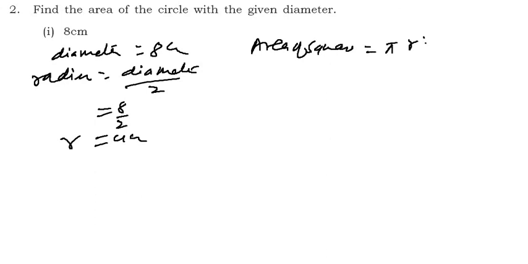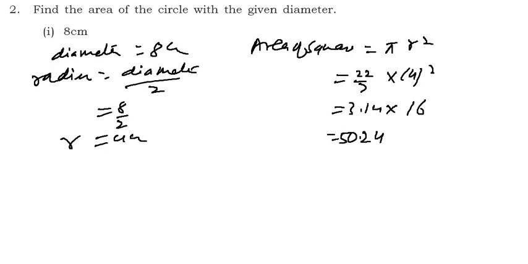It will be pi r square. So pi is 22/7 into r square, that is the 4 square. So you can say it is 3.14 and here is the 16. It will be 50.24 square centimeters. So that one is your answer.